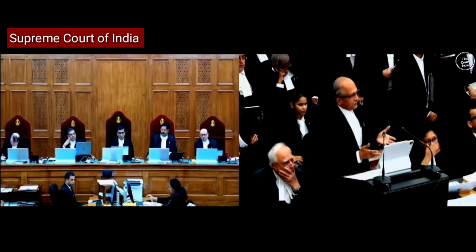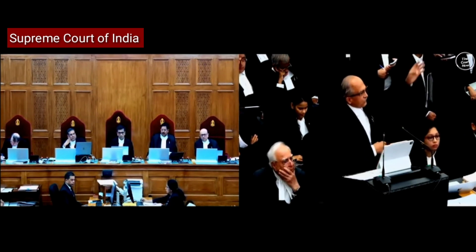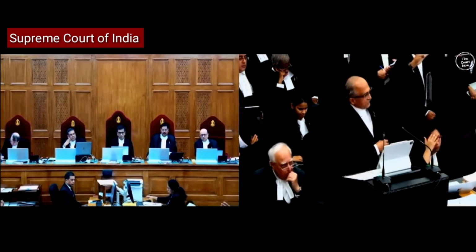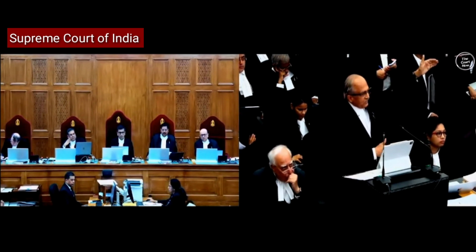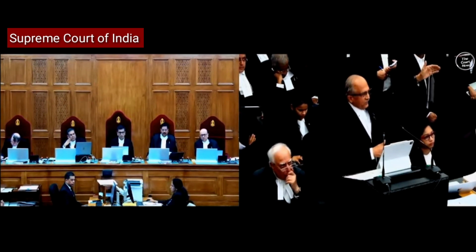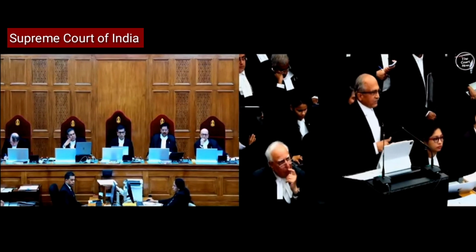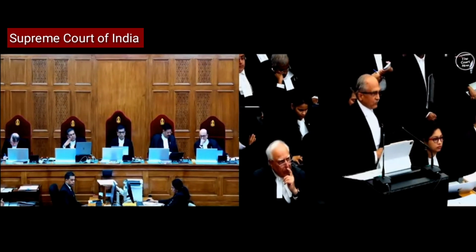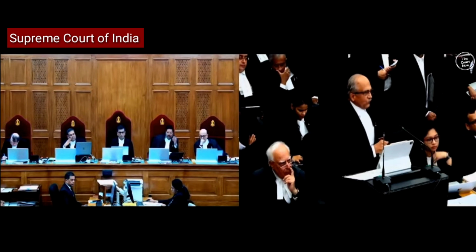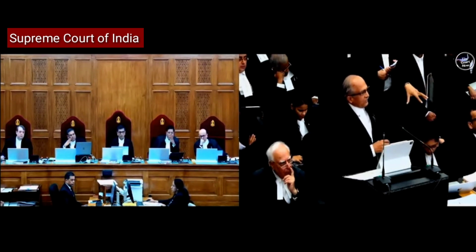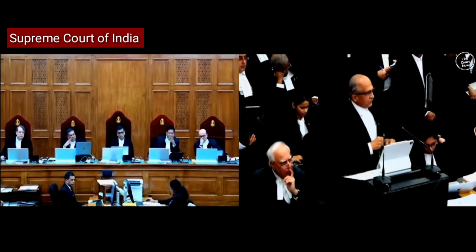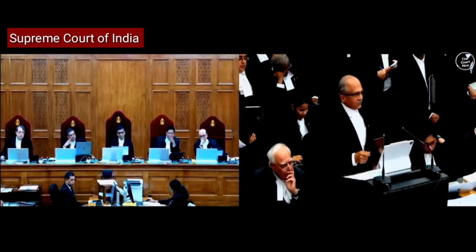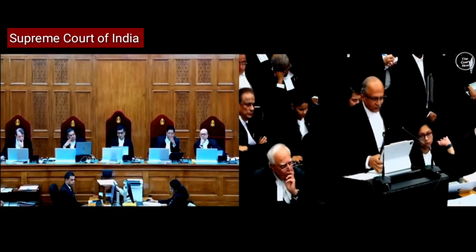Now, shell companies can also donate. You have a foreign company which is in a tax haven. You set up a subsidiary here as a shell company, and through that you buy electoral bonds and donate to a political party, and nobody comes to know that a foreign company is now financing this political party, or these companies are financing this particular political party, etc.